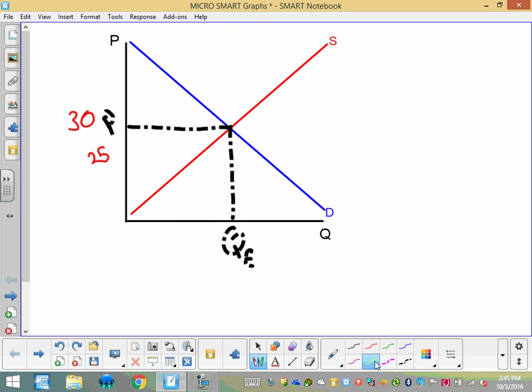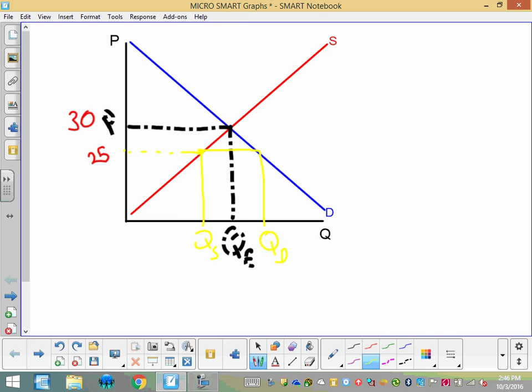All right, very quickly we get here where here's our new quantity. Here's the quantity supplied, here's the quantity demanded. Which one's bigger, the quantity supplied or quantity demanded? That means we will have a shortage.